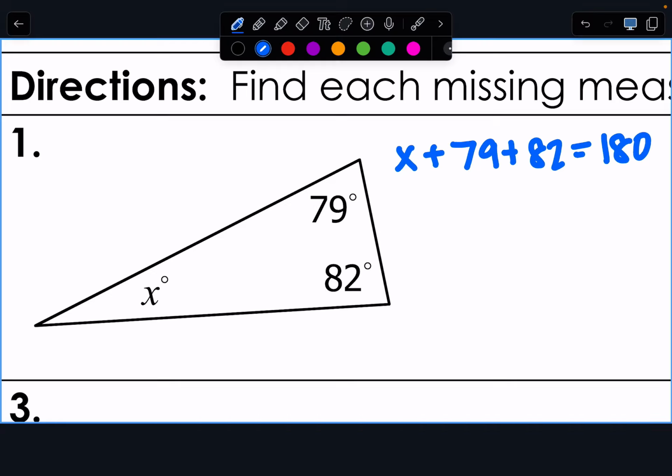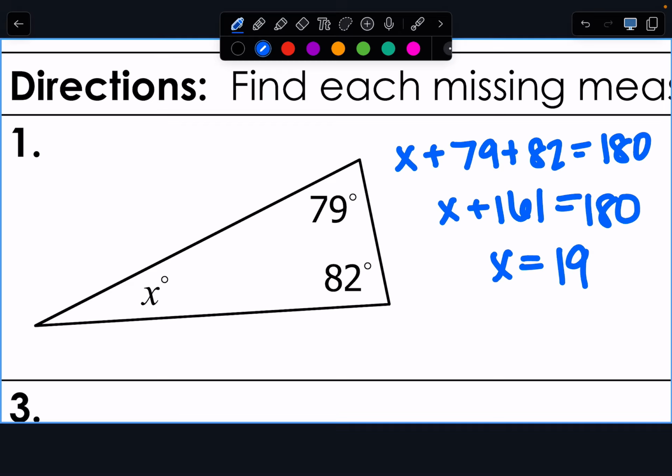Okay, what is 79 plus 82? 160. So it's what? 119. I'll let you try that again. 19. Not 119.